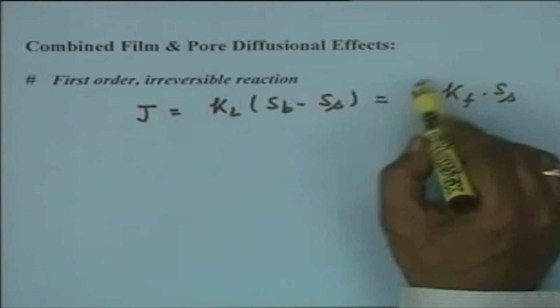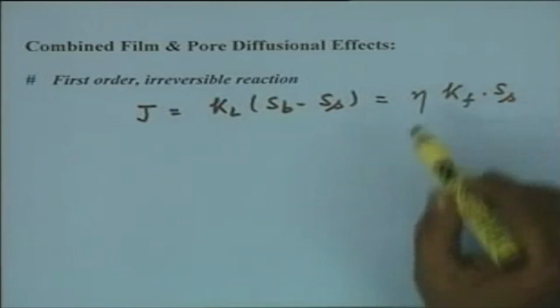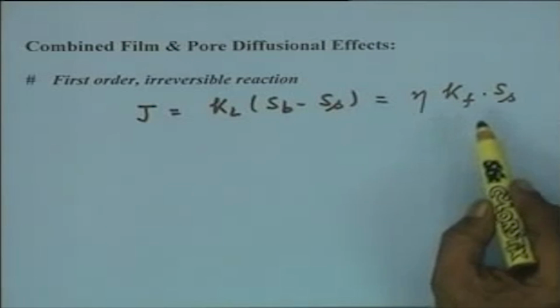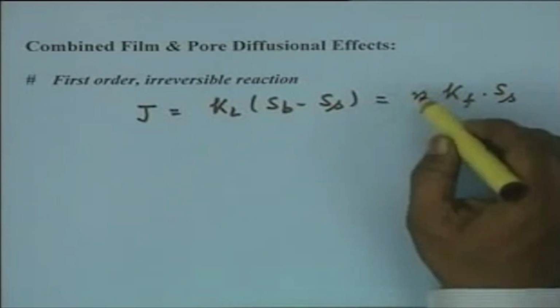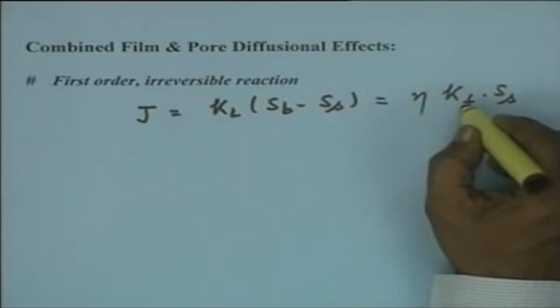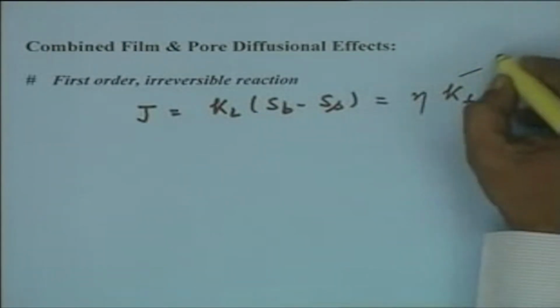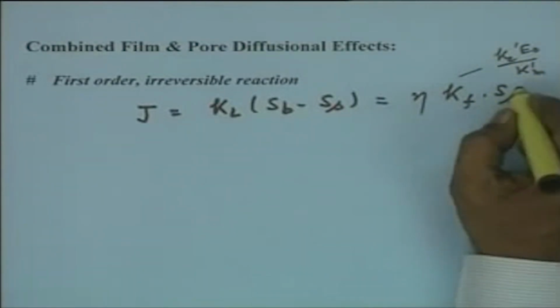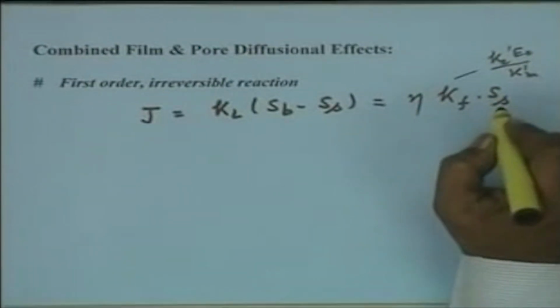This is the rate of reaction, or the flux, through the pore diffusional limitation. The pore diffusional resistance is expressed by eta, Kf is the first order rate constant, which can also be written as K2 dash E naught upon K dash m, and SS is the substrate concentration at the surface of the particle.